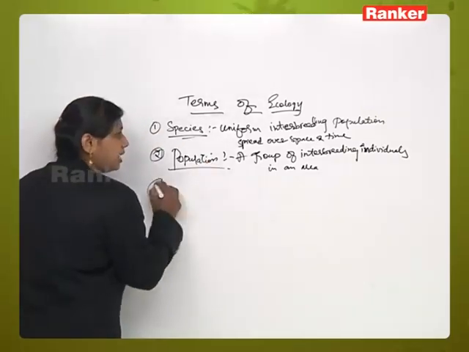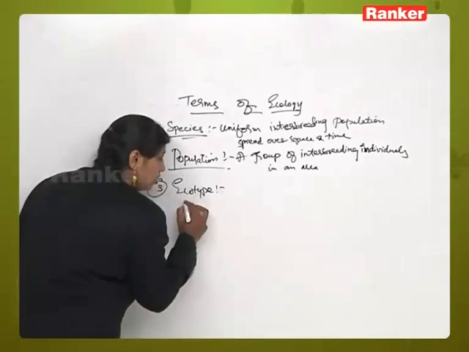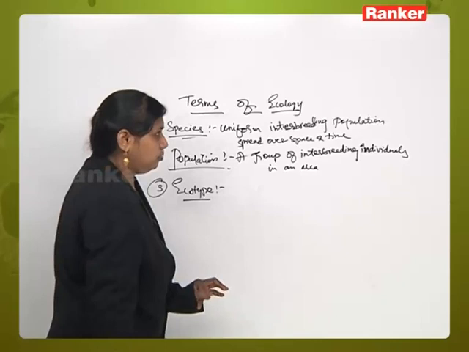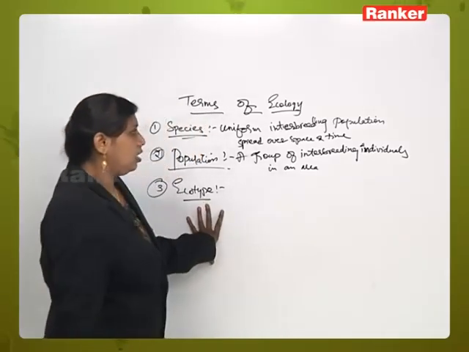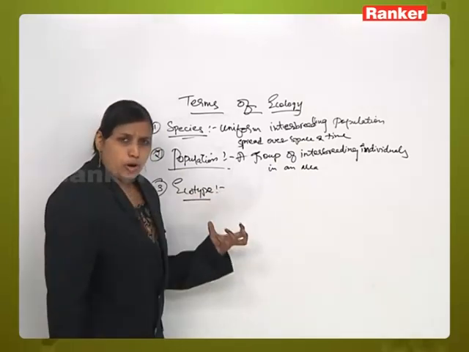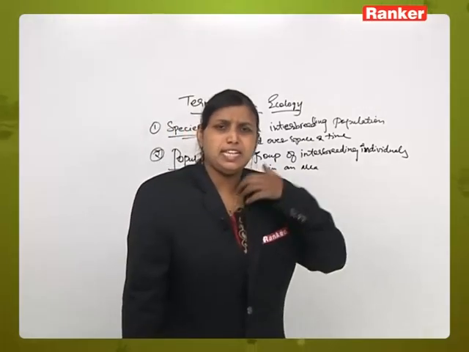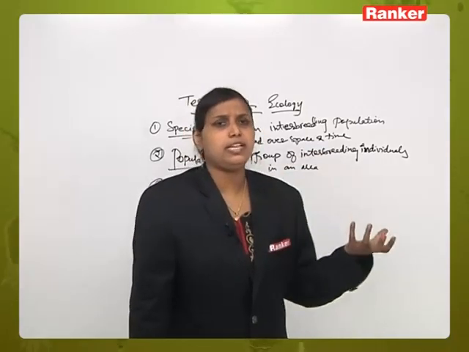Next one is ecotype. Now what is ecotype? Ecotype is a group of individuals of a species which are genetically adapted to that particular environment.